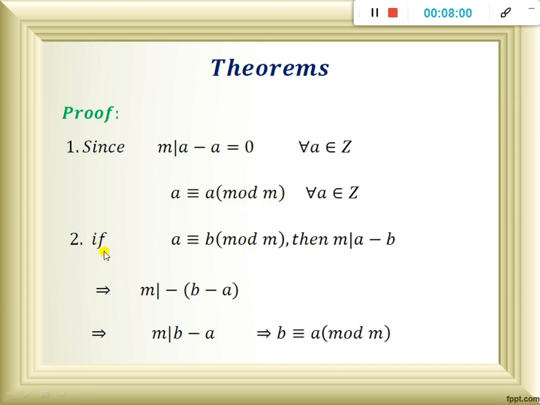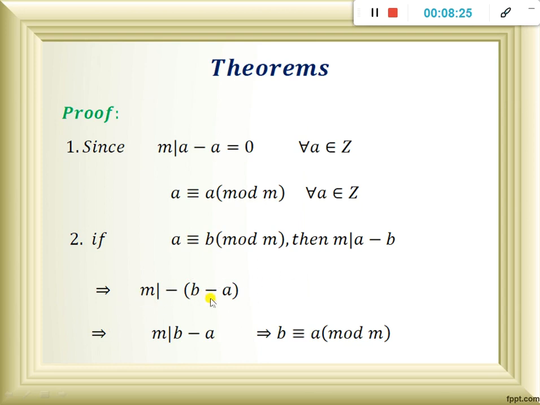Look at the second one. This is for symmetric. A congruent to B mod M, then M divides A minus B. Am I right or not? Whenever you are writing the congruence, bring this B to the left hand side, right? And this number A minus B should be divisible by M. Then only the congruence exists.